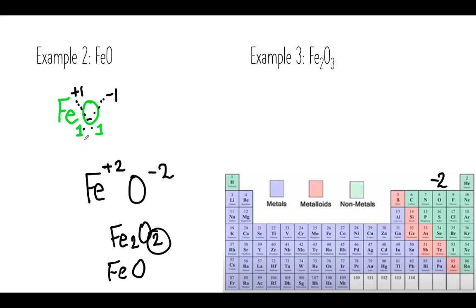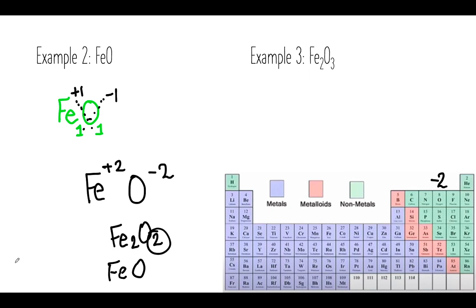If I did my reverse crisscrossing with the information I'm given, I realized that oxygen would have had a charge of -1. However, I know that that's not true. Oxygen always has a charge of -2. Given this information, and given the fact that in the end there are no numbers here and both of them became 1, that tells me that the number of iron was the same as the charge of oxygen. So both of them had to be 2.